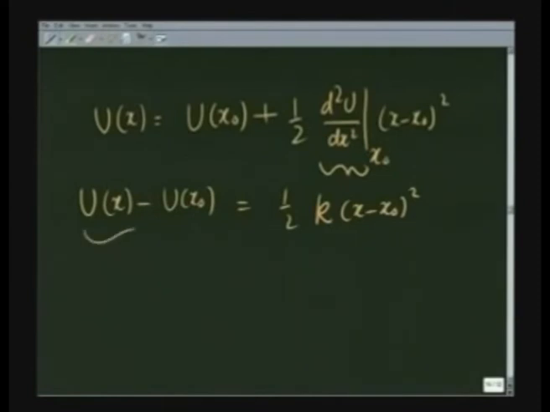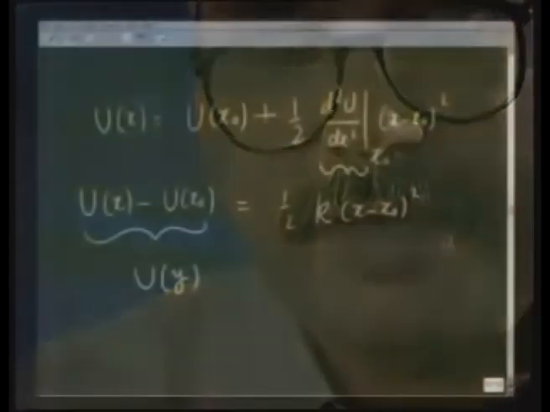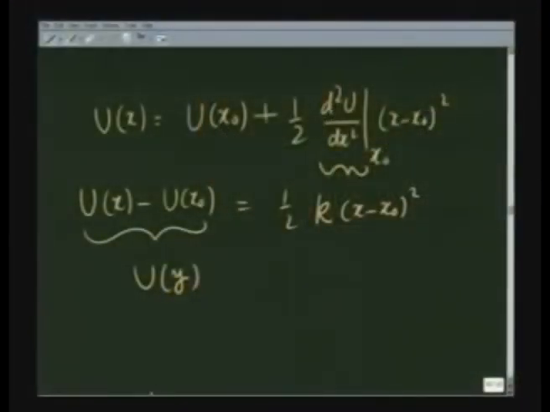If I call this u(y), taking u at x0 to be 0, because as I said earlier, you always define potential energy with respect to a particular point, it is equal to 1/2 k y squared, where y I take to be x minus x0, the displacement from the minimum.